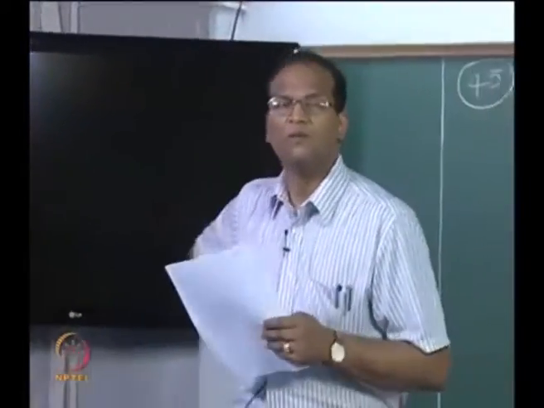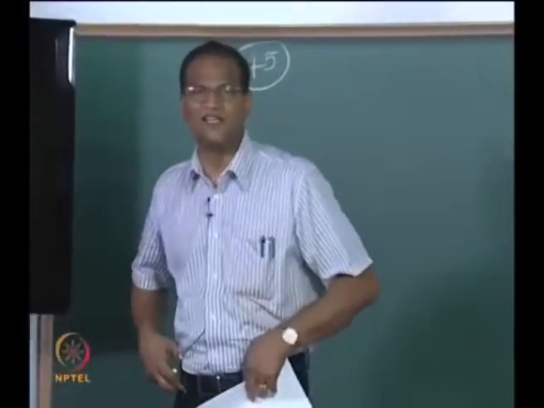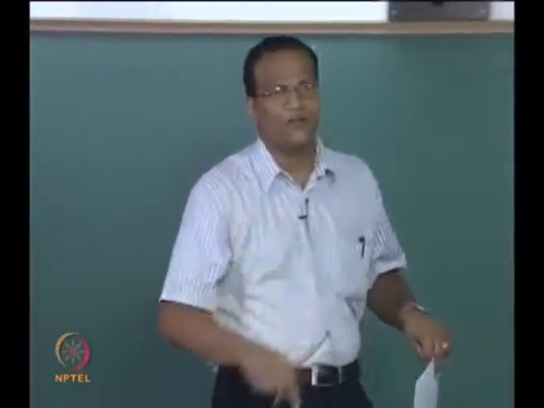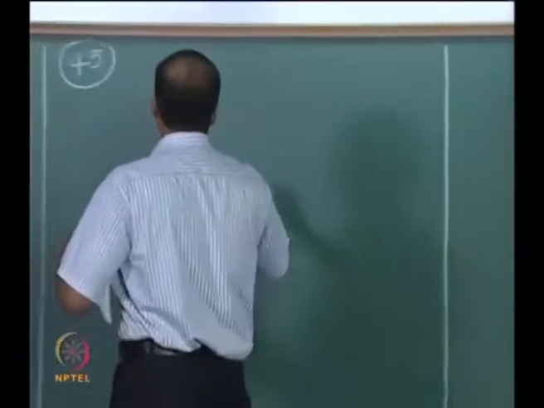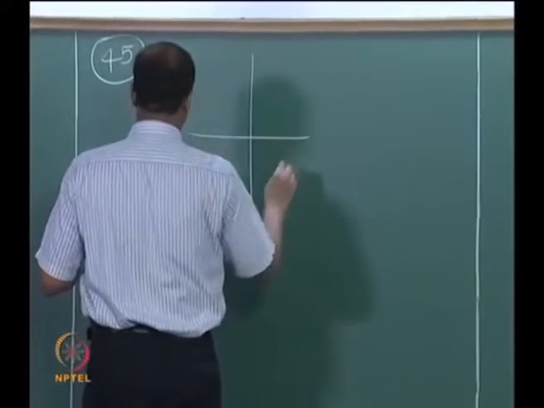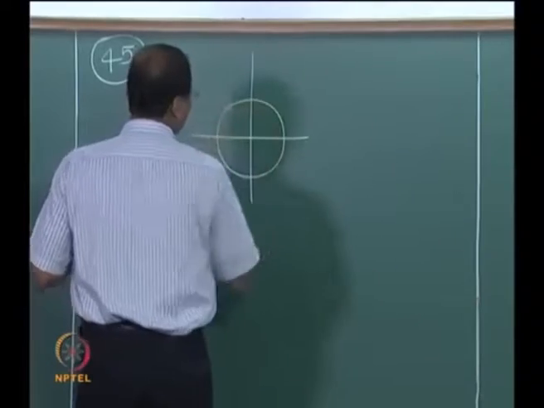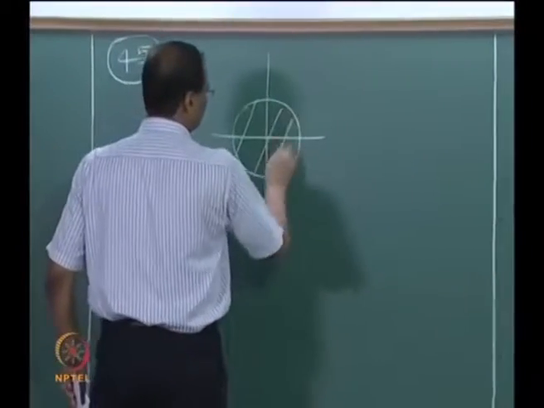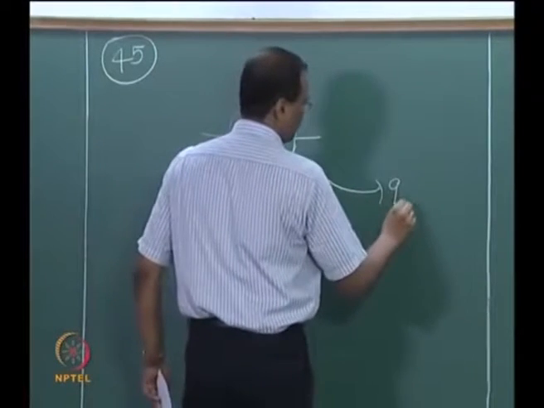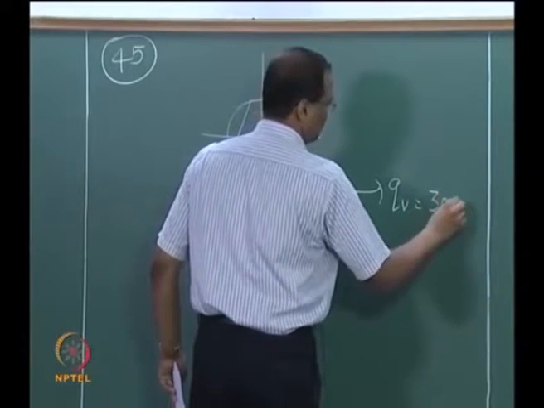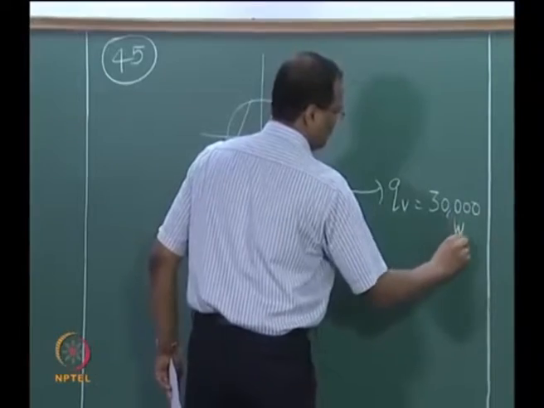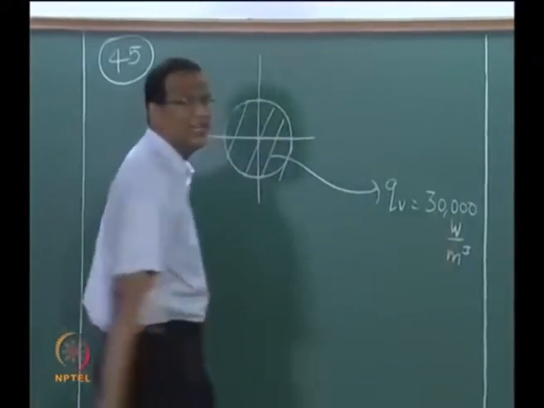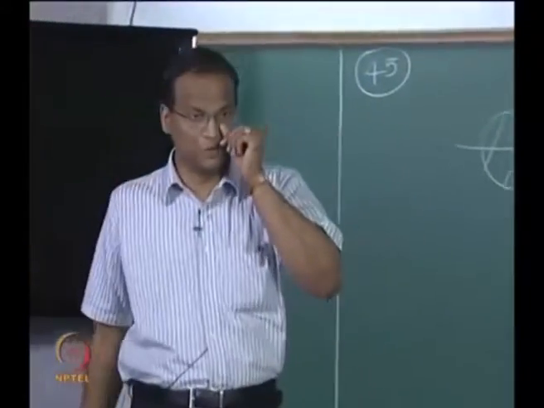Okay. People who came late, I will draw the figure. It is steady state conduction in a cylinder. From the figure you can figure out what we are trying to seek. So there is a nuclear fuel rod. It is generating heat uniformly at the rate of 30,000 watts per meter cube.